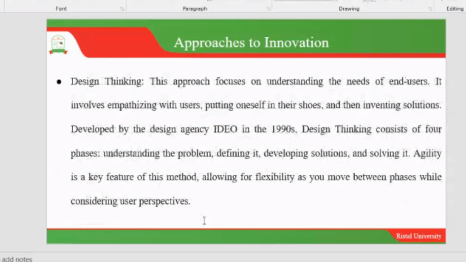So the idea here is that we have to utilize the other approach that we talked about earlier, the pull approach, that we do not have to push these innovations onto the users.